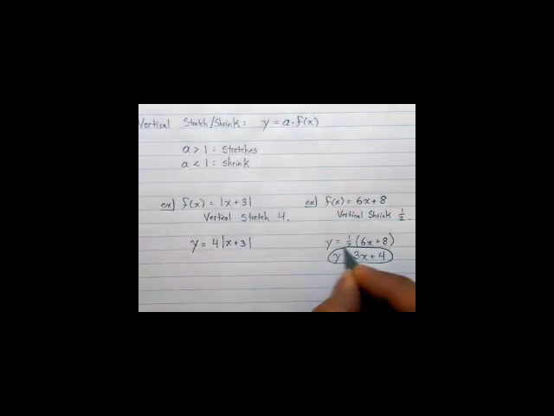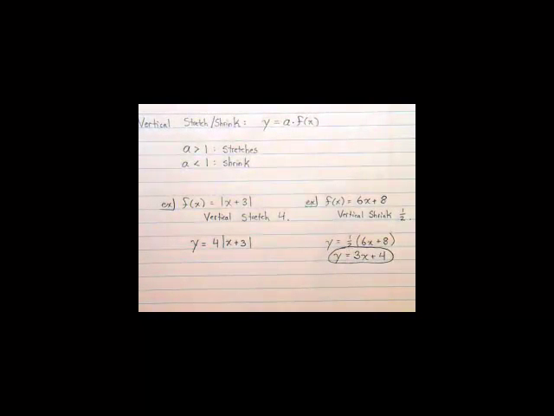So 3x plus 4 would be that one, a vertical shrink of 1/2. Notice how both numbers in the equation are half as big now, because it was a shrink by a factor of 1/2. So it all came down by 1/2. So, vertical stuff, make sense? Take the equation, multiply by whatever the number is.